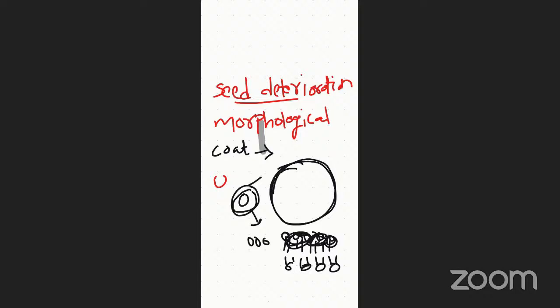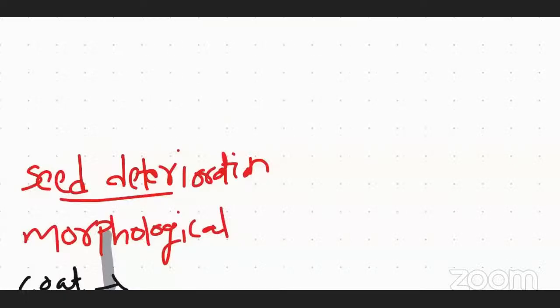So now the next one is loss of enzyme activity and reduced respiration. Which enzyme? First of all, remember which enzyme is involved in respiration. Mainly the amylase enzyme released during germination.